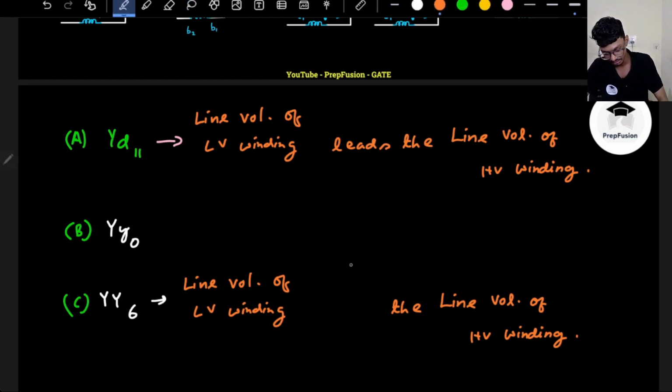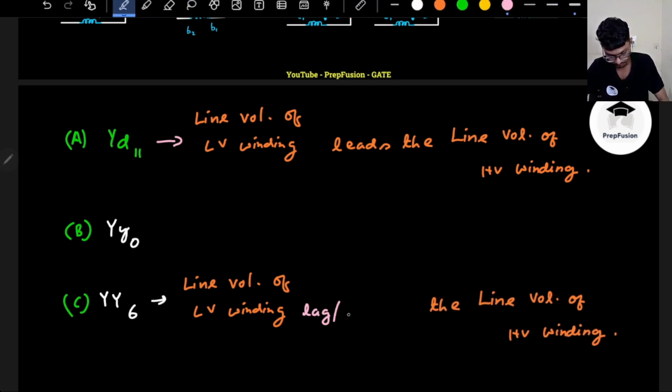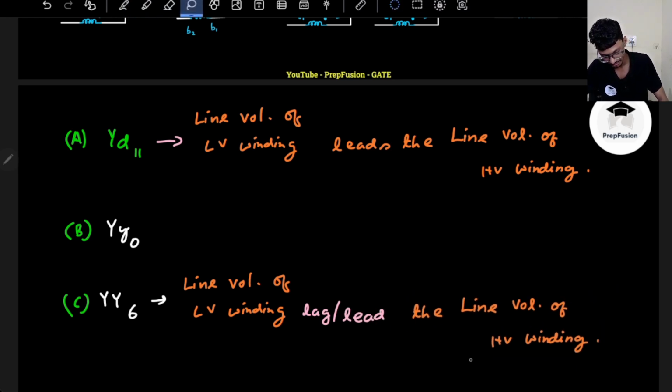So the line voltage of the LV winding lags or leads the line voltage of the HV winding by 180 degrees.